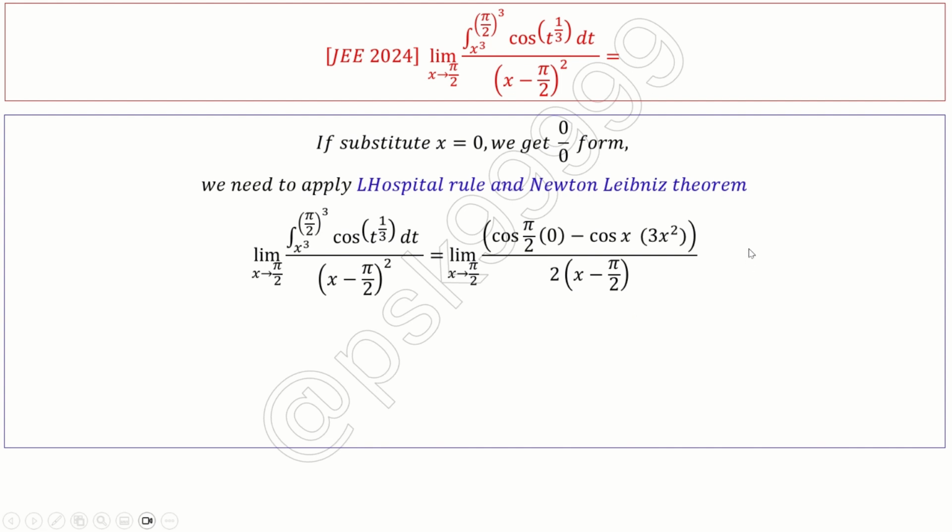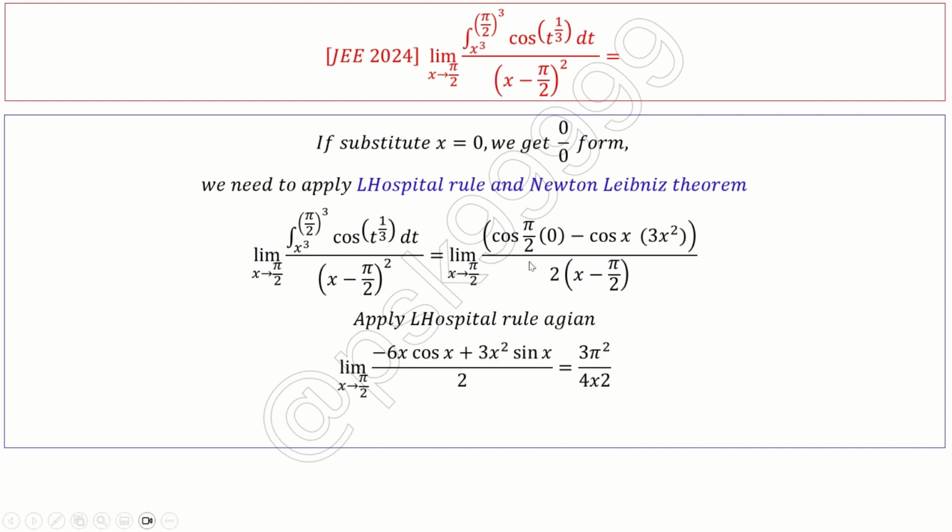Now if I substitute pi by 2 here, this is 0 again, and this is also 0, so you need to apply the L'Hospital rule once again, correct? If I differentiate the numerator, I get minus 6x cos x plus 3x square sin x, divided by 2. Now if I put x equal to pi by 2, what I will get is 3 pi square by 4 into 2, that is 8. So the answer is 3 pi square by 8. This is a simple straightforward question, right?